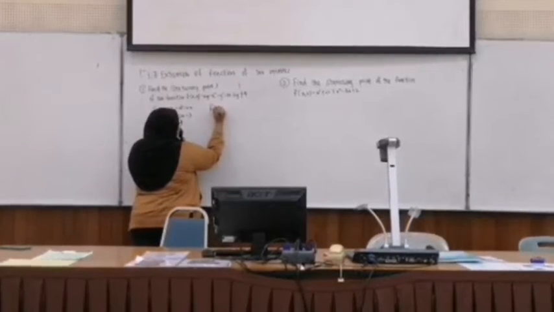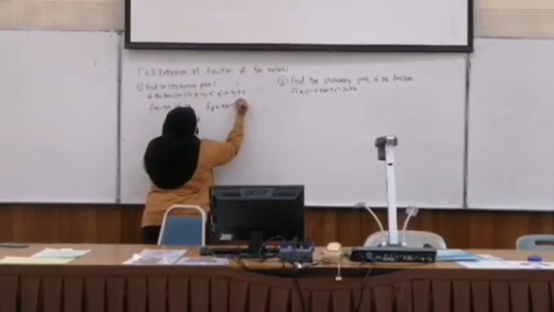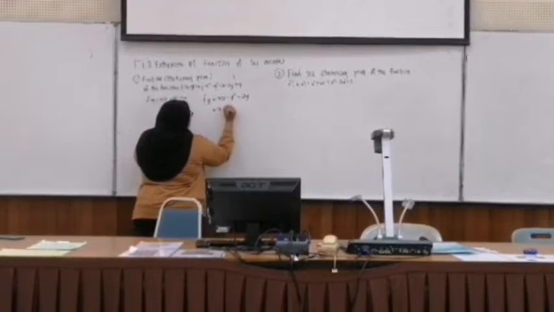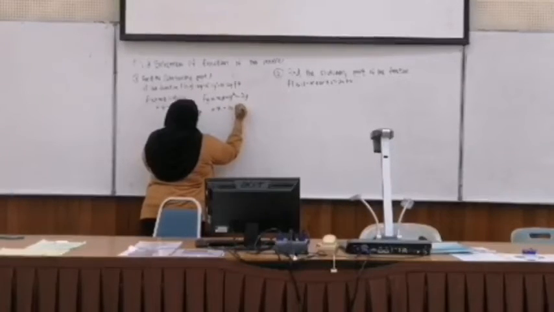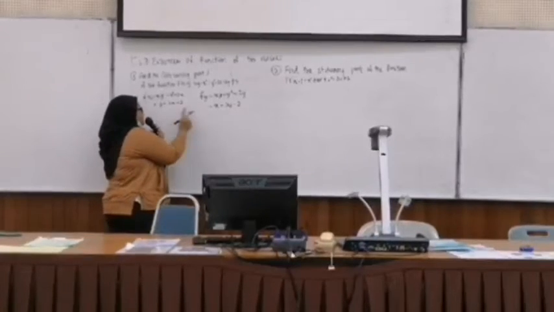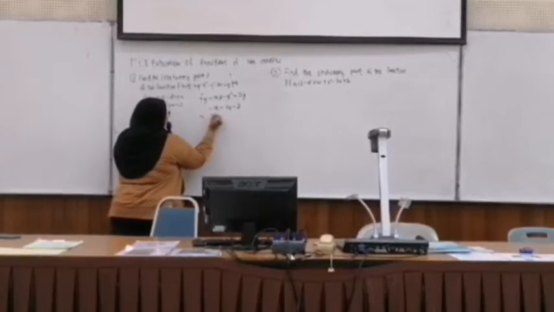Next, we have fy, which is x minus 2y minus 2. And then we will choose one of y or x to be the subject, and we will choose x.